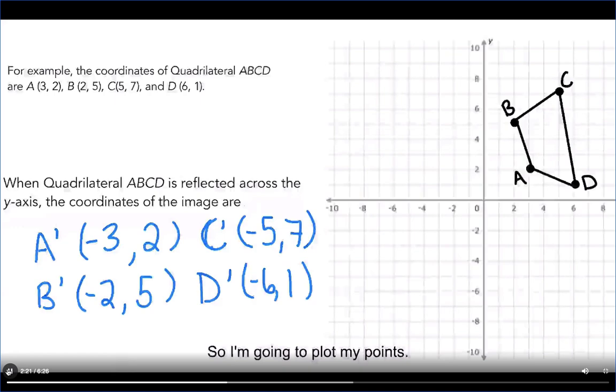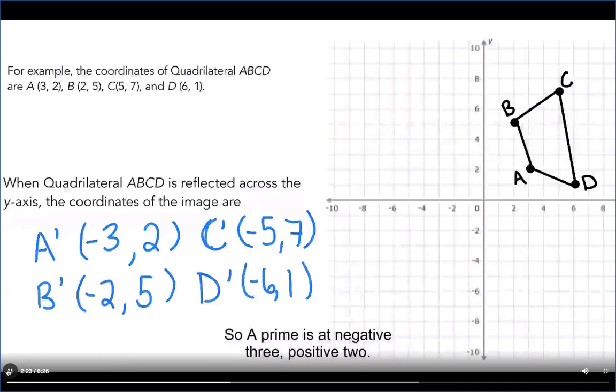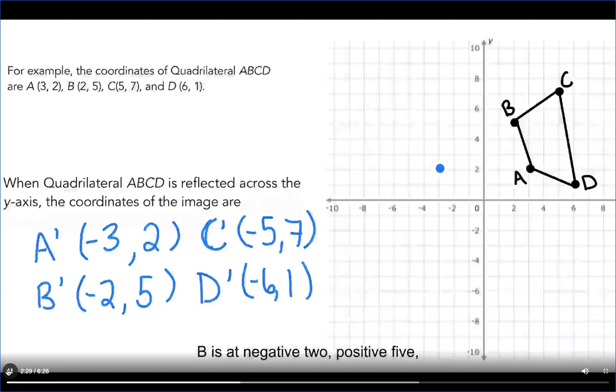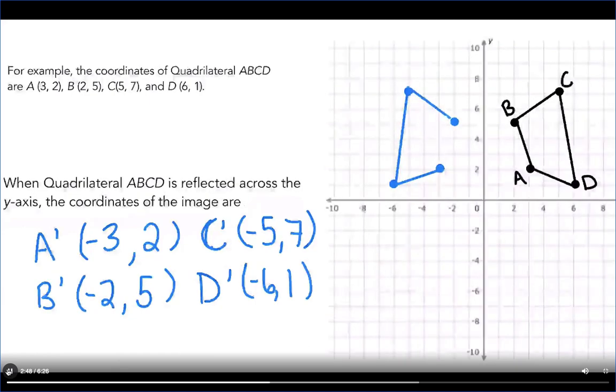So I'm going to classify points. A prime is at negative 3, positive 2. B prime is at negative 2, positive 5. C prime is at negative 5, positive 7. And D prime is at negative 6, positive 1. Now I'm going to connect my points, and I made my quadrilateral.